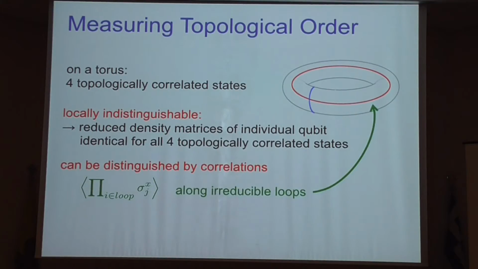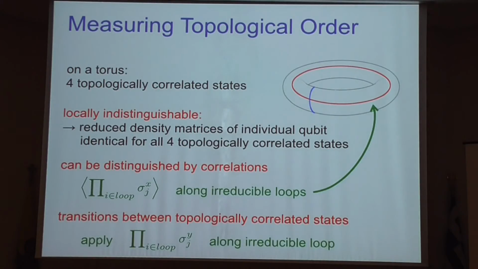But one should be able to distinguish them by measuring spin-spin correlations along these irreducible loops, say a product of sigma operators along such a loop or such a loop. And transitions between the states can also be done by applying Pauli operators along one of these irreducible loops.